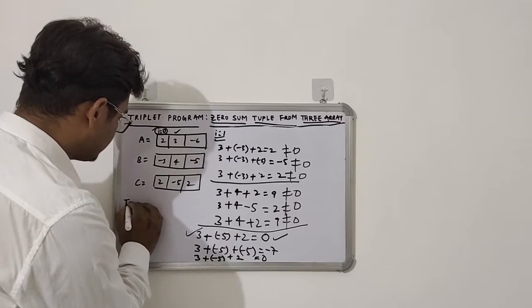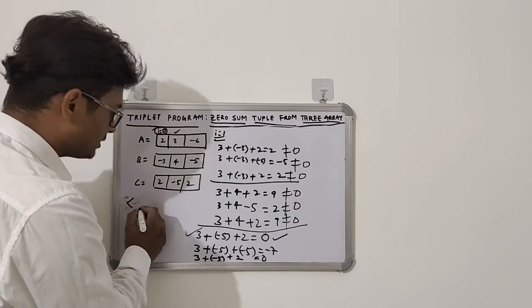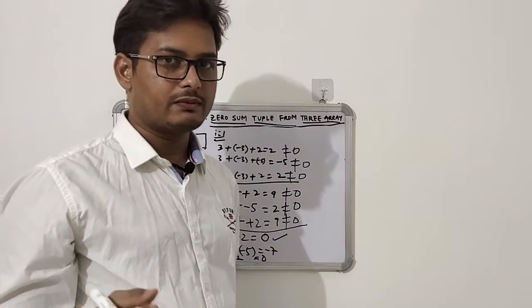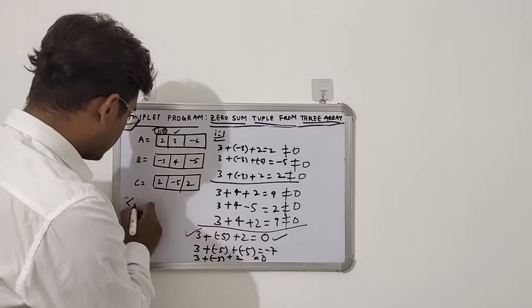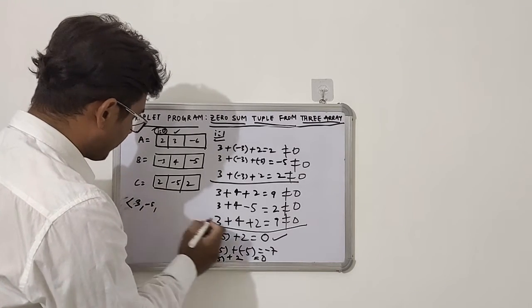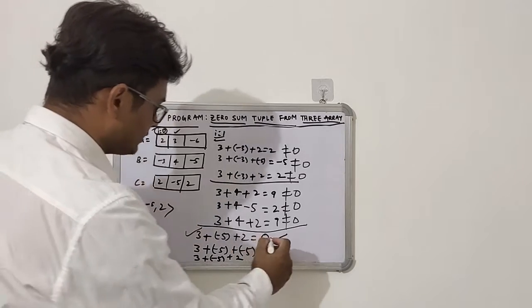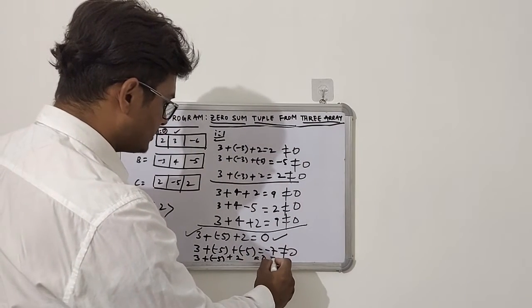Then our first triplet, according to our program, we can print i, j, k, right? So we can write i equal to 3, j equal to minus 5 and k equal to 2. It's 0. And you can see this is also equal to 0, right?